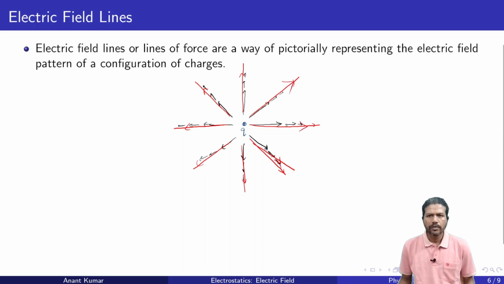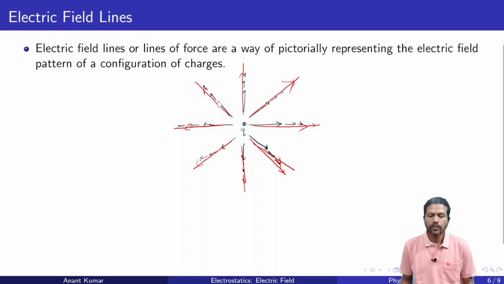But what about the magnitude? Earlier we had the magnitude of the electric field encoded in the length of the vectors, but now, as I have drawn just lines, I have thrown away the information regarding the magnitude of the field itself.